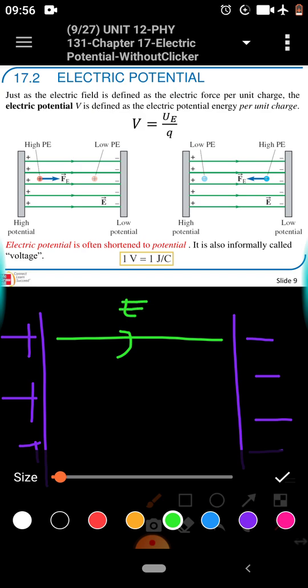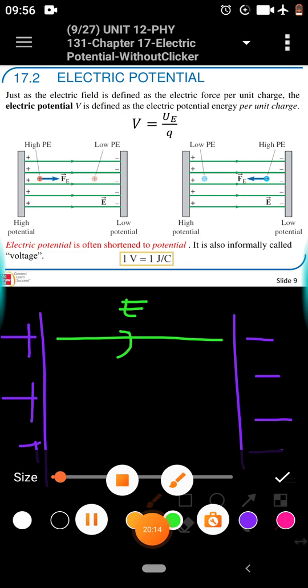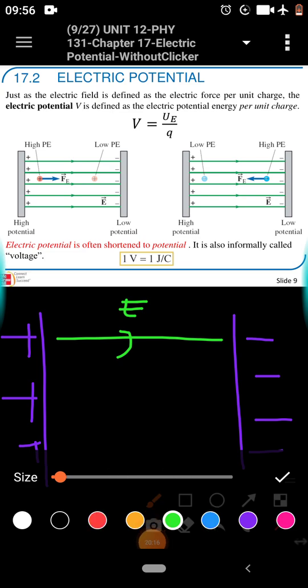Now say you have a positive charge. A positive charge in this field will experience a force going in this direction.